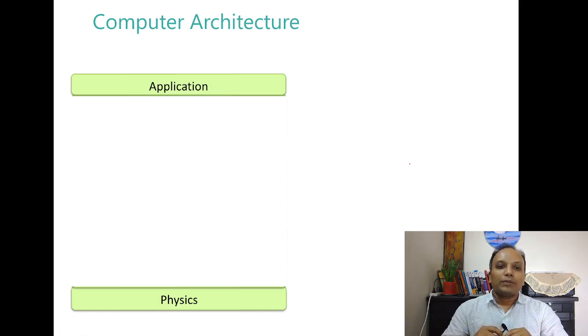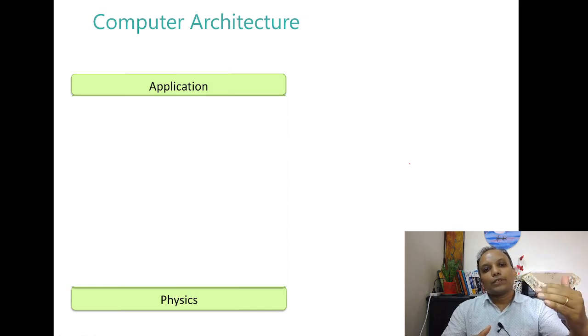What it says is that you abstract out layer after layer and you focus on the abstraction layer which you are looking at. So, at a very broad sense, computer architecture helps us in building these different abstraction layers or implementation layers, so that we can implement our application in a very efficient way at the physical level. Okay.